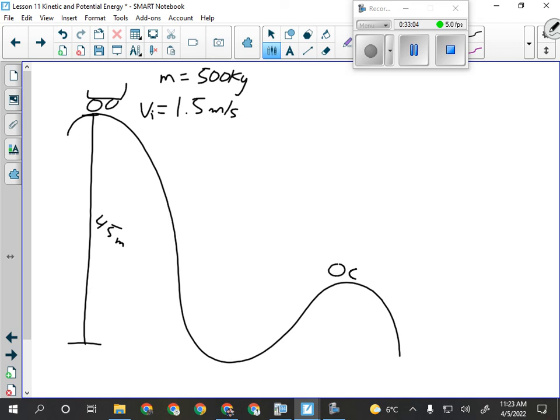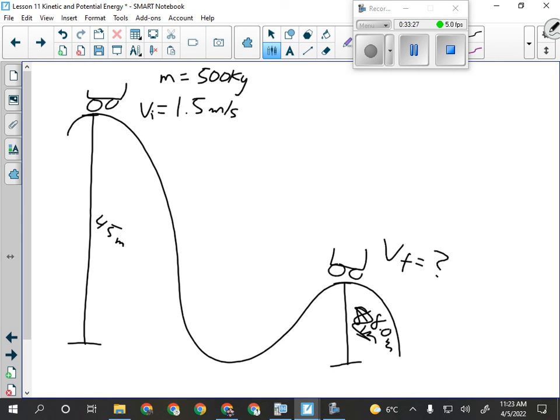I want you to calculate the speed of the roller coaster here when it is 8.0 meters, so we have 2 significant digits and not 1, above the ground. So we're looking for this. There is no friction.